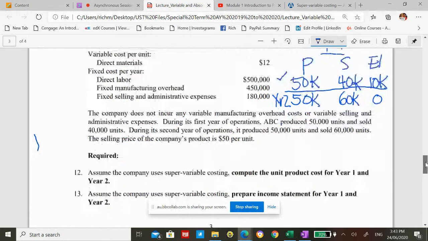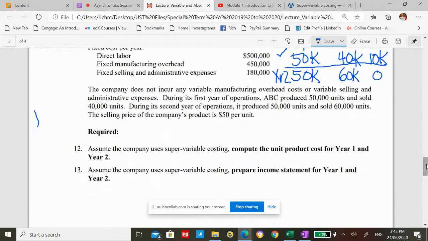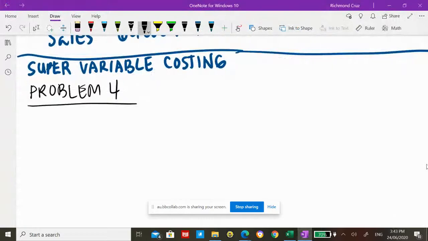For the requirement, number 12: assume the company uses super variable costing, compute the unit product cost for year 1 and year 2. So I'm going to transfer to the notes.